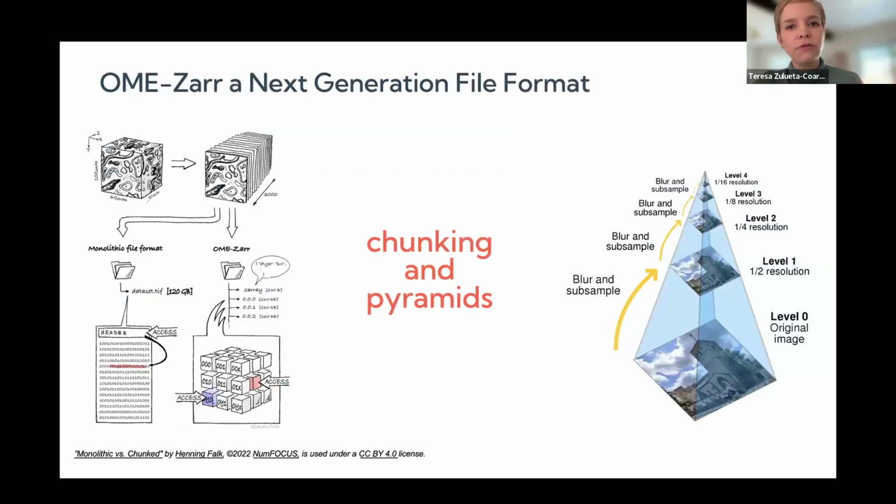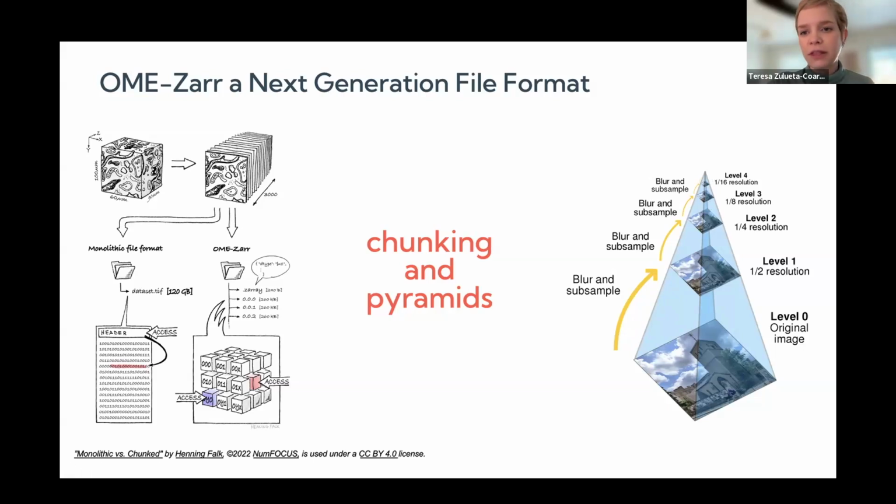So an answer to a lot of these problems came in the form of a next generation file format called OME-Zarr, which has been developed by the Open Microscopy Environment community. And this format relies on chunking and pyramids. So the idea here is that when you save an image in OME-Zarr, you are going to have your original image with the original resolution, but then several subsampled images are going to be saved at a lower resolution.